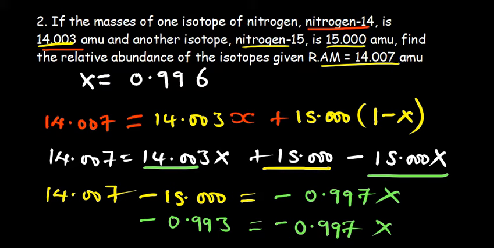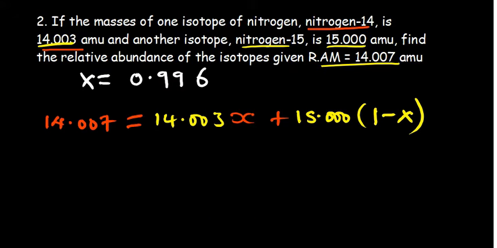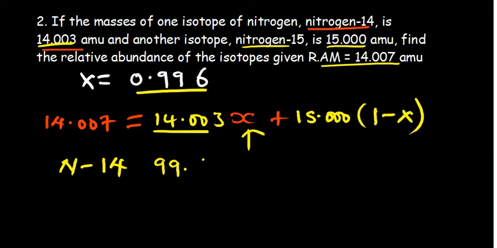So since we have got the value of x, we can look at what we had. We had noticed that the abundance of nitrogen 14 was attached to x. I said x was divided by 100 because we used x and 1 minus x. So this x is the abundance for nitrogen 14. Nitrogen 14, therefore, by percentage abundance is that value multiplied by 100, which is 99.6%.